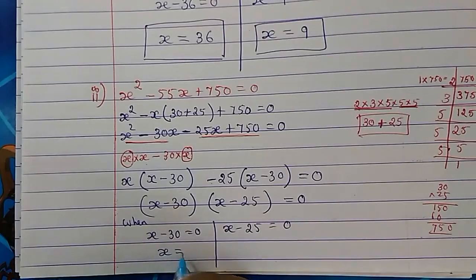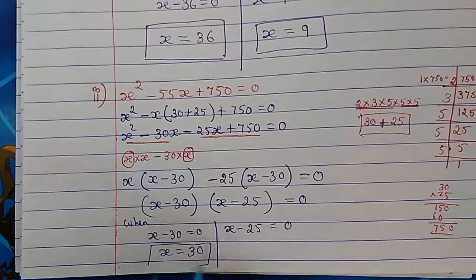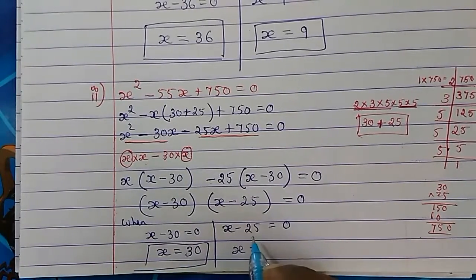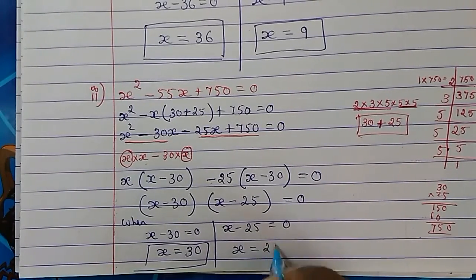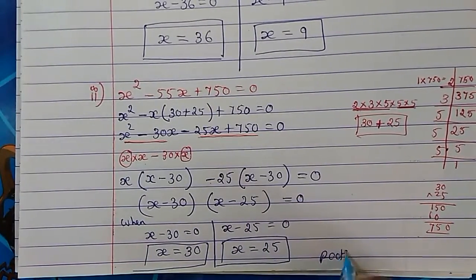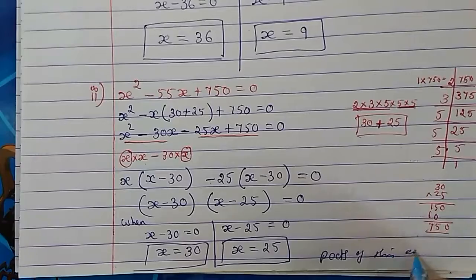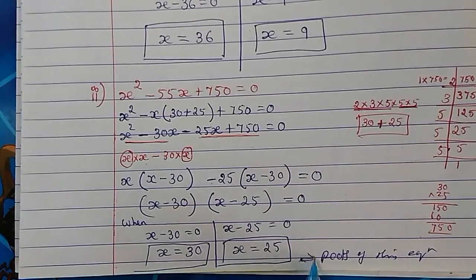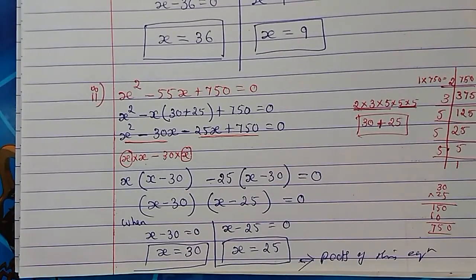So that means x equal to 30, comes this side, becomes plus. And here x equal to 25, comes this side, becomes plus 25. So these are the roots of this equation. Okay. I hope it is clear to you. Thank you.